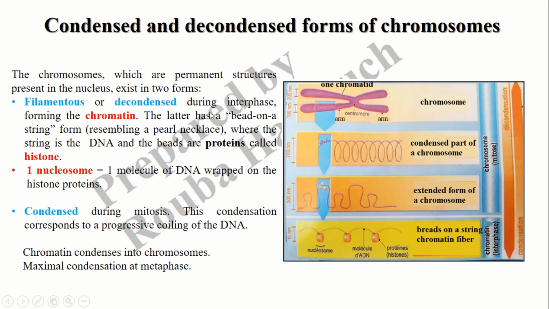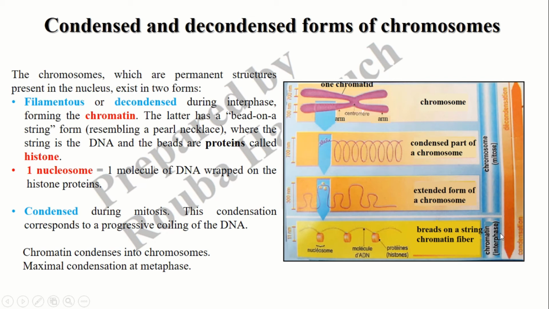This latter has a bead on a string form, like a pearl necklace, where the string, the filament here, is the DNA molecule and the pearls are nucleosomes. Nucleosomes consist of one DNA molecule wrapped on four histone proteins. The histone proteins are proteins associated to the DNA molecule and they play an important role in the DNA replication.